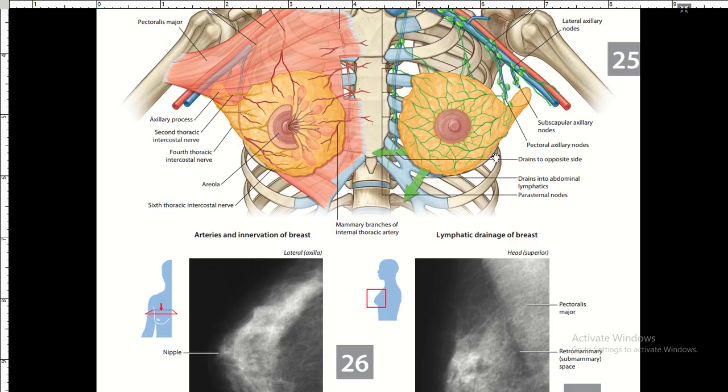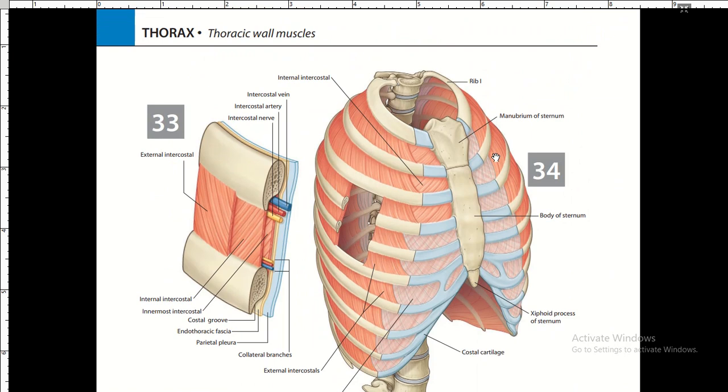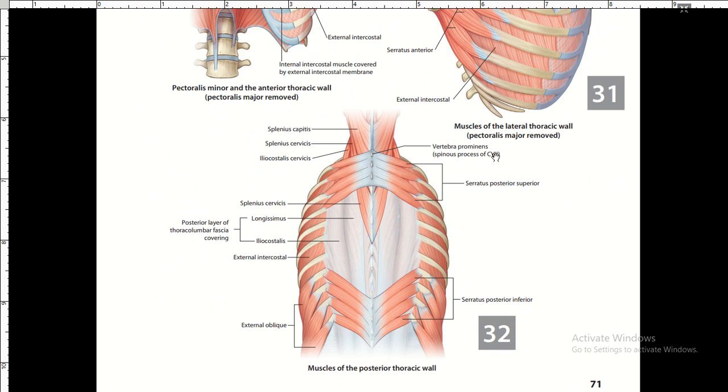So there are muscles that you find posteriorly. Let me show you these muscles. You're going to have what you call serratus posterior muscles, and they are divided into two: serratus posterior superior and serratus posterior inferior.